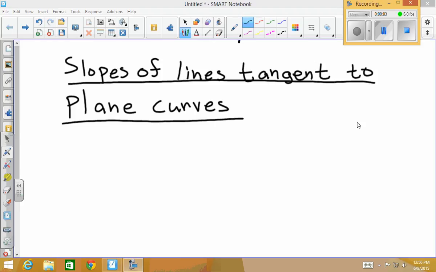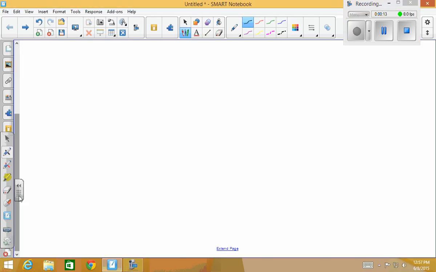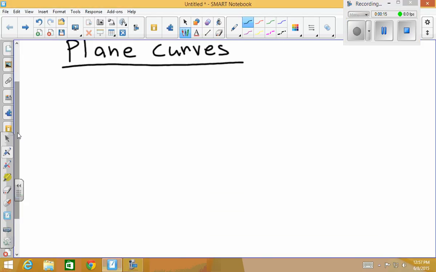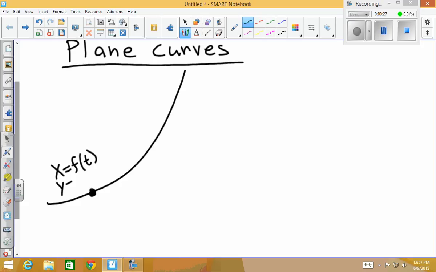In our study of plane curves, we want to have a method for finding the slopes of tangent lines for the plane curve. So suppose that we have a plane curve here, where any point on the curve can be given by, say, x equals f of t, y equals g of t.